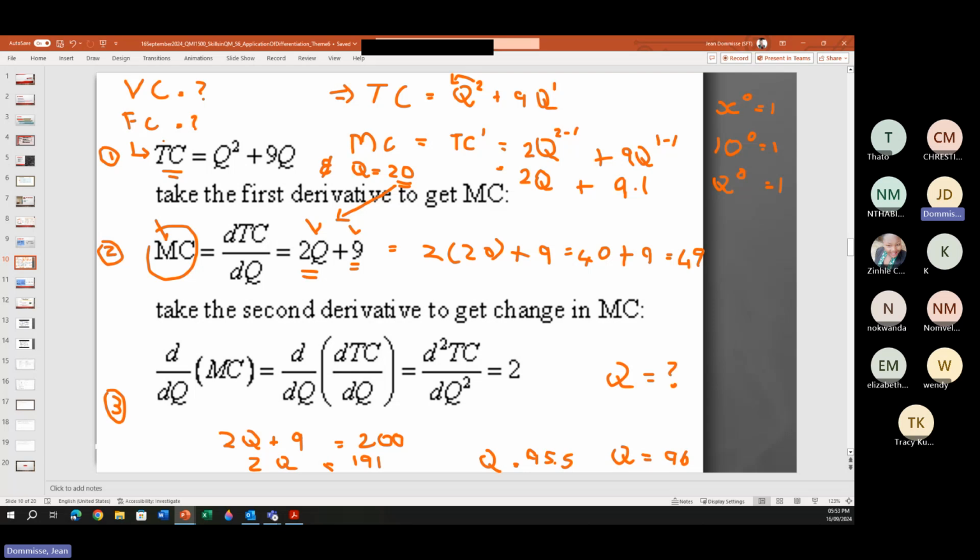And then from there, I can work out what the next steps are. I think I have included a question where we first need to work out the total cost, so I will show you that as well. If it's not in here, it's definitely in our pack for the exam prep.